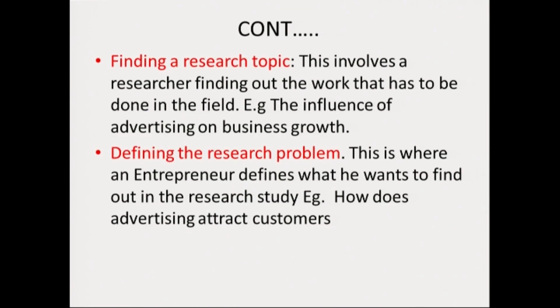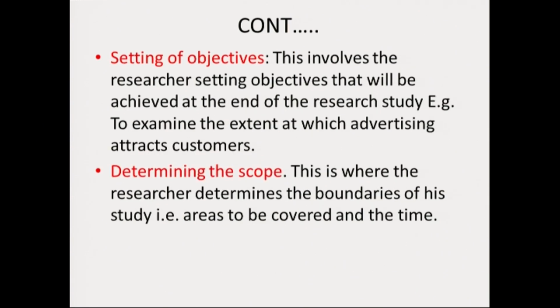Then from there, you define or set objectives, which should be general objectives and specific objectives. What do you want to achieve at the end of this research study? These research objectives must be based on research questions. For example, if you have 4 research questions, then you must set 4 research objectives. Now we are using the research language.